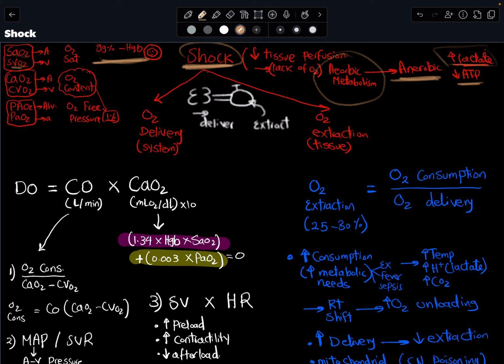Then we have CaO2 and CvO2, which is the total oxygen content in the artery or the vein. CaO2 is the total oxygen content in the artery, CvO2 the total oxygen content in the vein. So why is this different from SaO2 and SvO2?